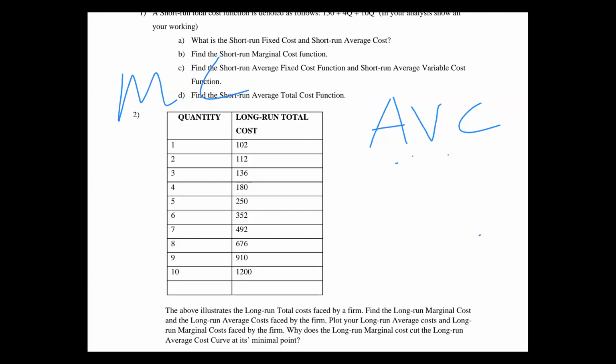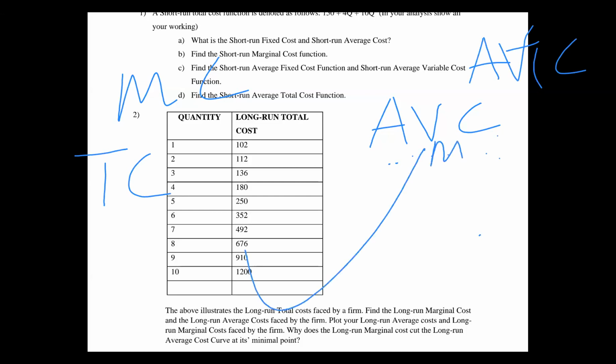When you derive the total cost function to find the marginal cost, and then find the average, the marginal cost cuts the average cost at its minimum, which means at some point they are equal, right? The average variable cost at its minimum is equal to the marginal cost.